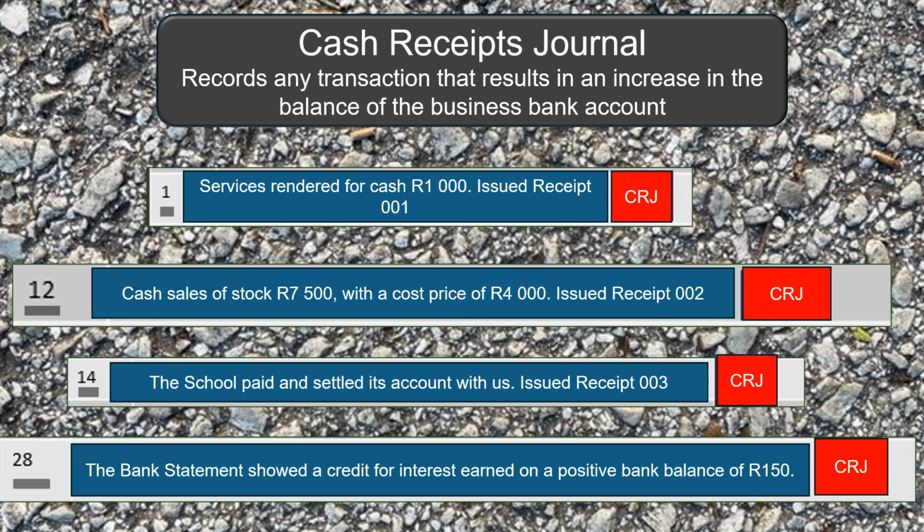So these 4 transactions where we received money need to go into the general ledger bank account. These 4 transactions here will result in the bank balance increasing. And when the bank balance increases, it's an increase in assets. These transactions from the cash receipts journal will go on the debit side of the general ledger bank account.